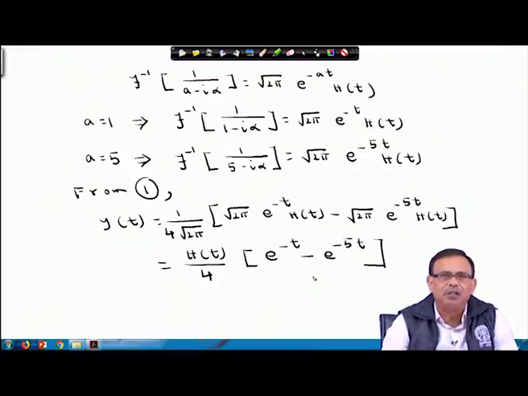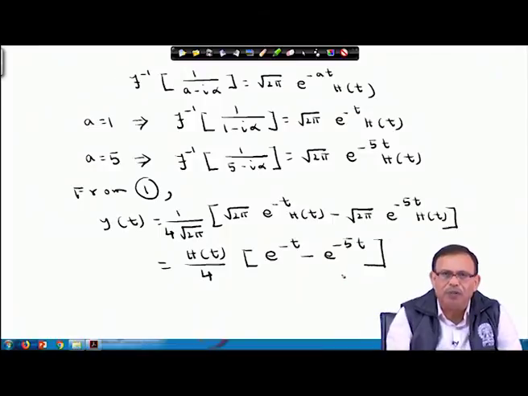For t greater than 0, it equals 1 by 4 into (e^(-t) - e^(-5t)), and for t less than 0 the value will be 0. In this way we can solve one ODE.